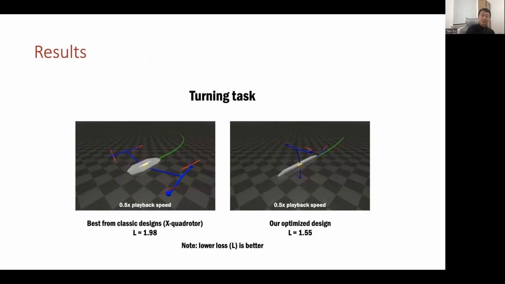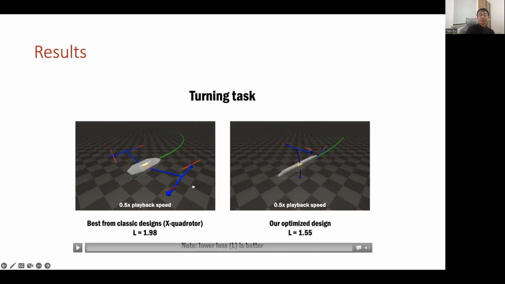So here we are demonstrating a turning task for a flying vehicle, where the green curve indicates a trajectory that requires the center of mass of a flying vehicle to fall off, and this implies that it has to make a left turn somewhere in the near future. And we have a loss function, which basically flips the reward in the previous search procedure. So lower loss means higher reward means better.